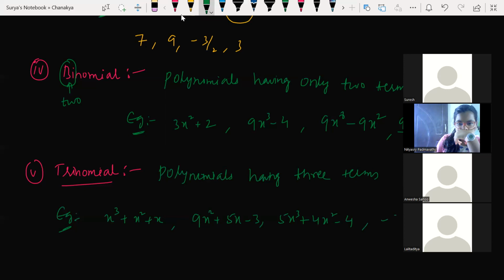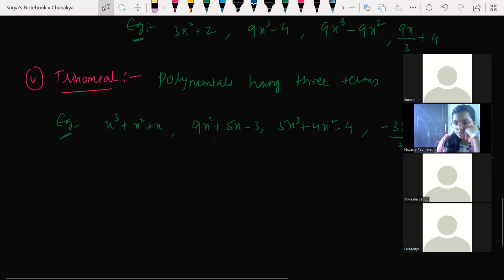You say minus 3x cube by 2 plus 4x square by 5 minus 9. All these are what? Trinomials. Clear? Any doubts so far?